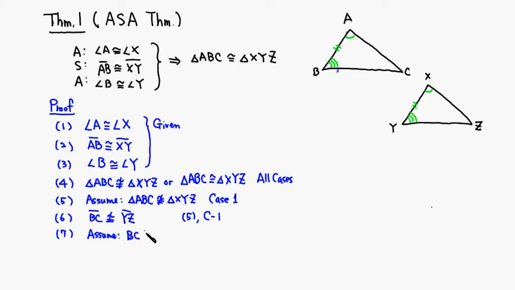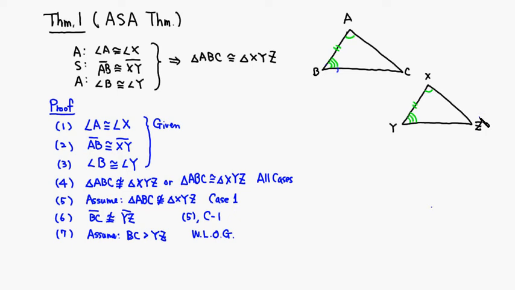BC is longer than YZ. If it's the other way around, the argument is still the same. So without loss of generality, we can make this extra assumption. Base BC is a little bit longer than YZ.